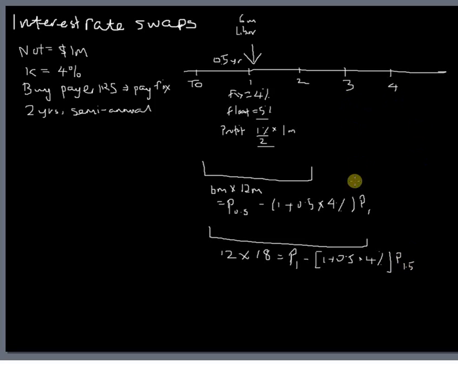And finally the last one: using the same argument, this will be the same as the 18 by 24 months FRA, and this will be equal to the price of a zero coupon bond that matures in 1.5 years less this expression.